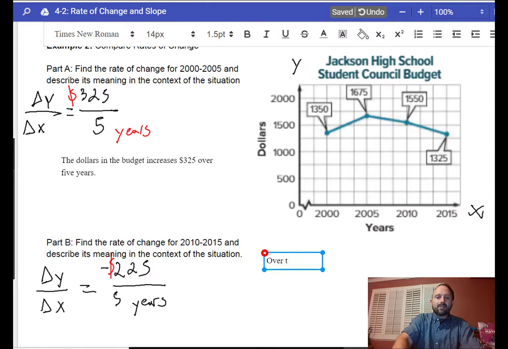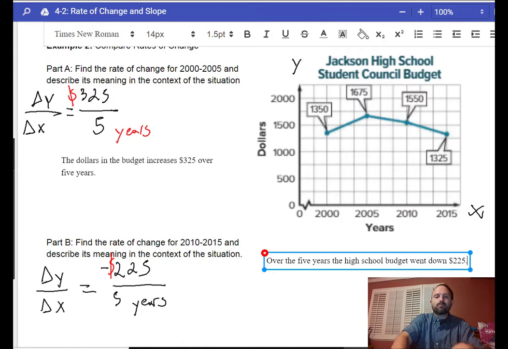Over the 5 years from 2010 to 2015, the high school budget went down $225. Now, as long as we're saying it's going down, we don't need to say it's negative, because we don't have negative dollars. We can say it went down this much, but we don't want to really say that it's negative 225. All right, let's go on.